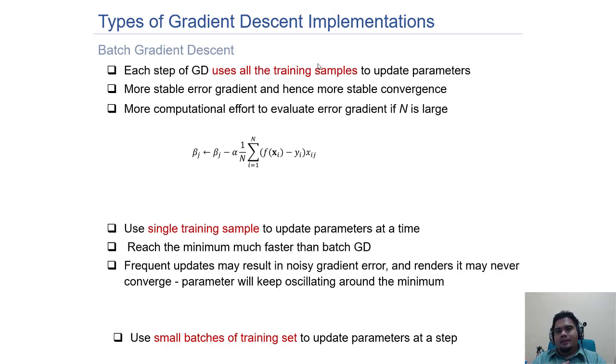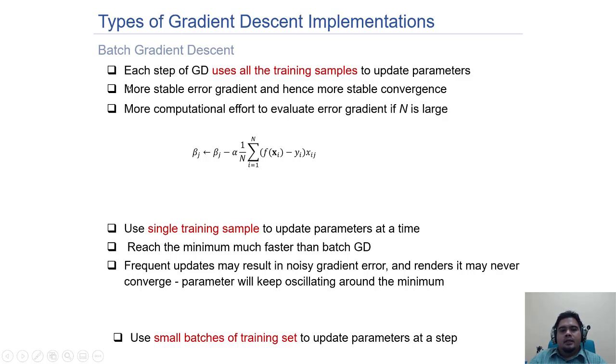Like the previous example, we have 1000 samples, we just take the whole training data and then you measure the total error. That total error will be used to update your beta here.